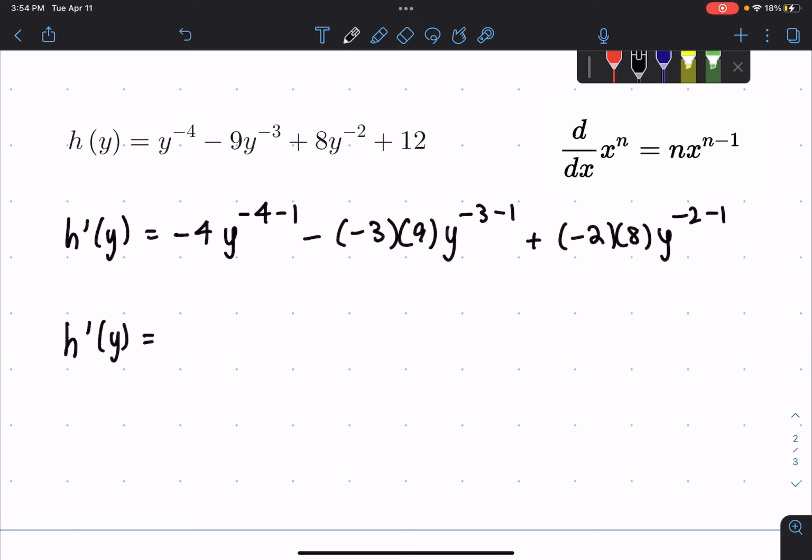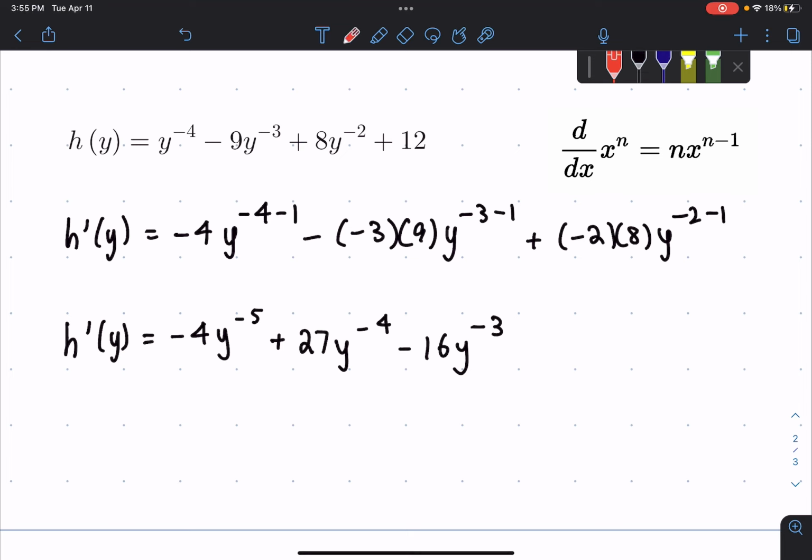Here, we have negative 4y to the power of negative 5, plus, because two negatives become a positive, 27y to the power of negative 4, minus 16y to the power of negative 3.